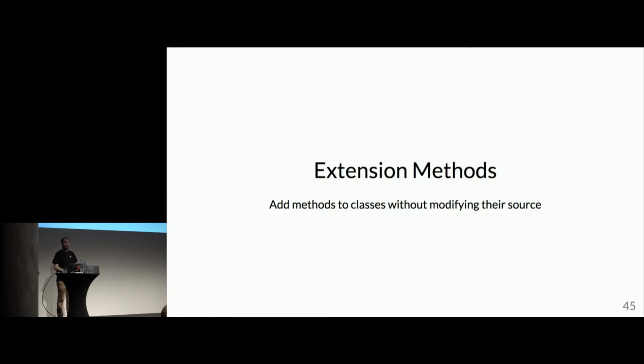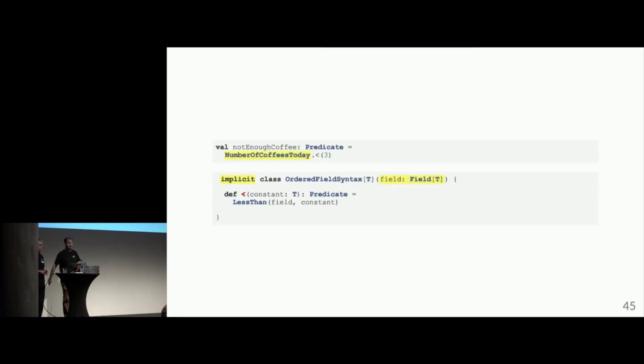So we introduce an extension method. And this isn't purely a Scala concept. It's a similar pattern in many languages. The way you do it in Scala is by introducing an implicit class that is bound to a value of a certain type. So in this case, we're going to introduce an ordered field implicit class, which targets fields of any type.